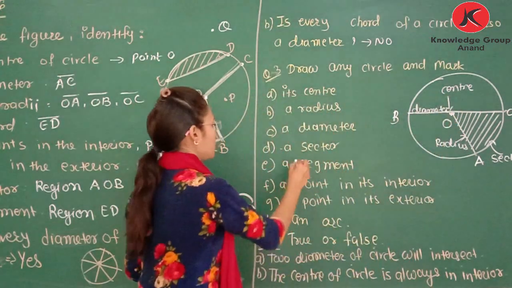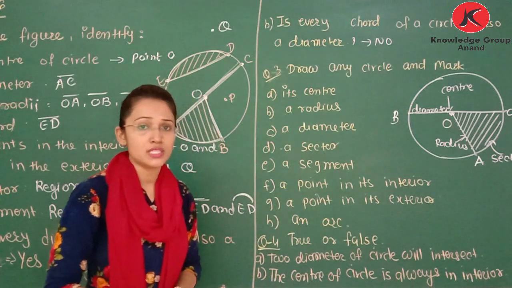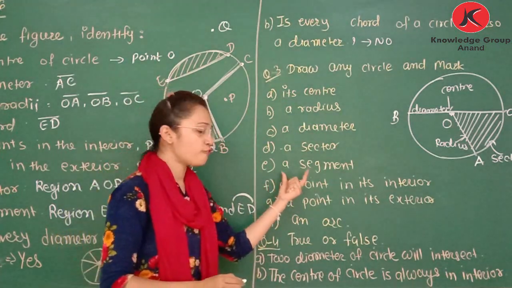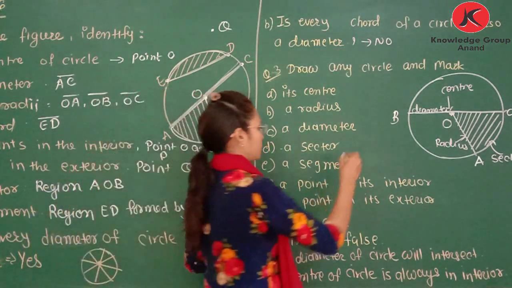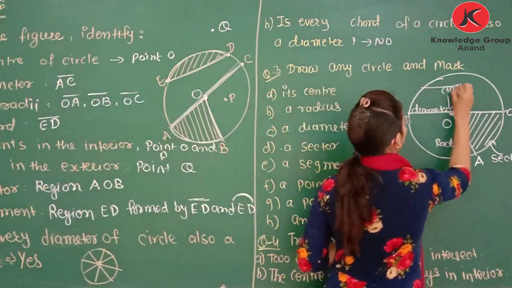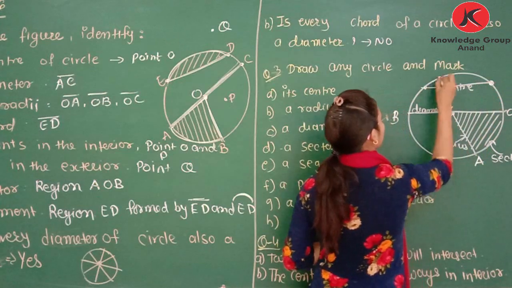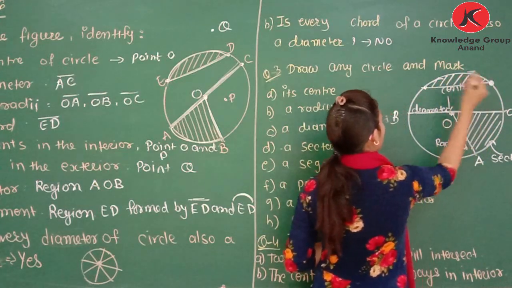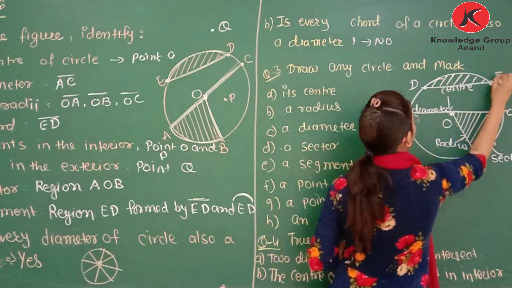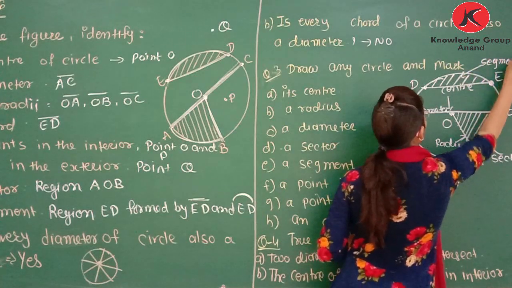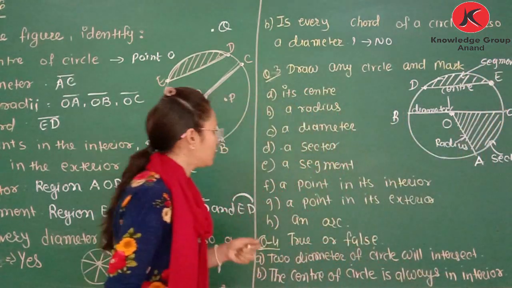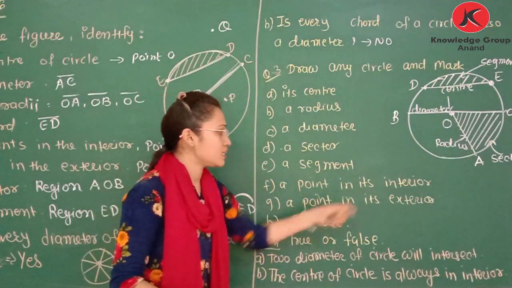Clear? Now segment. A segment is an area formed by a chord and an arc. Let's say this is BE. So this will be our segment. Clear?